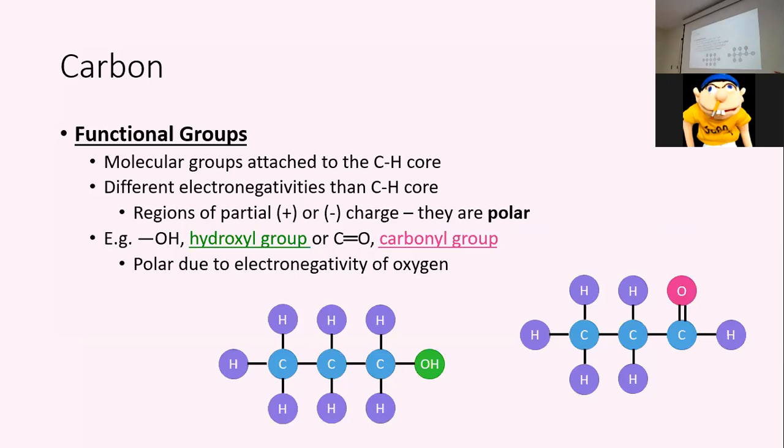It's a group that's going to add function to the molecule. So we've got our carbon-hydrogen core or carbon-hydrogen skeleton, this baseline hydrocarbon molecule. And we're going to start sticking different stuff on it. When we stick different things on it, we will change the electronegativity.